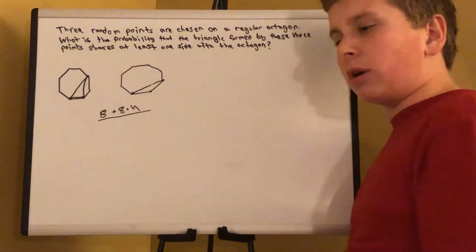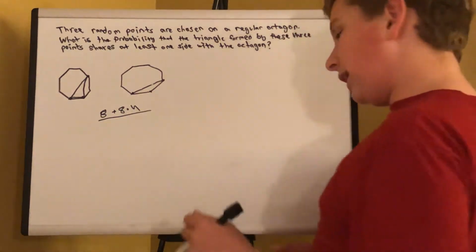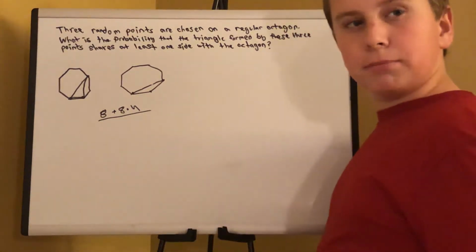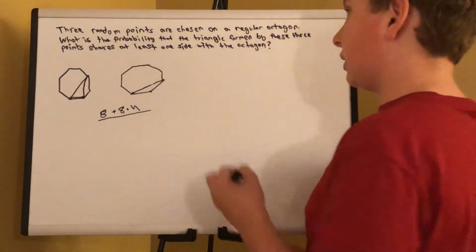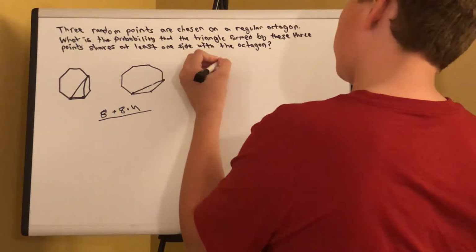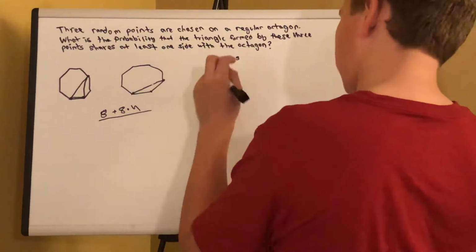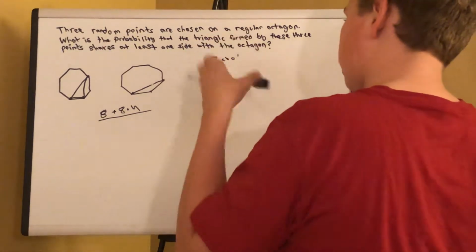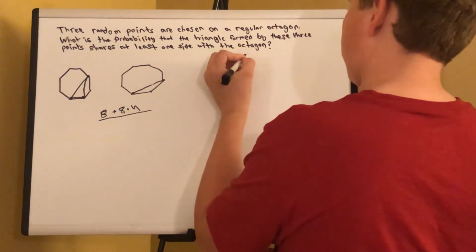over the total number. What's the total number of outcomes? Well, any 3 randomly chosen points, of course, can form a triangle. You can figure this out yourself, but in fact, now we would do 8 choose 3. Choose does include 2 O's, for those of you on your spelling tests.